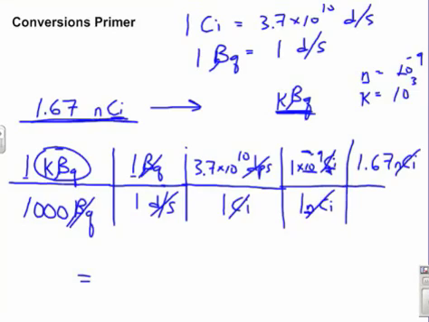You just multiply by everything on the top, and then you divide by the things on the bottom. So we take 1, and every time you get to a bar, that means times. These bars, basically, you can think about them as times, times, times, times. Okay? So you get to a bar, you multiply by 1, and so you got 1 times 1 is still 1. Now, the first thing you really got to go with is 3.7 times 10 to the 10th.